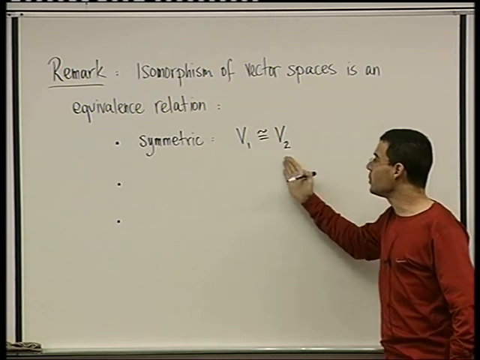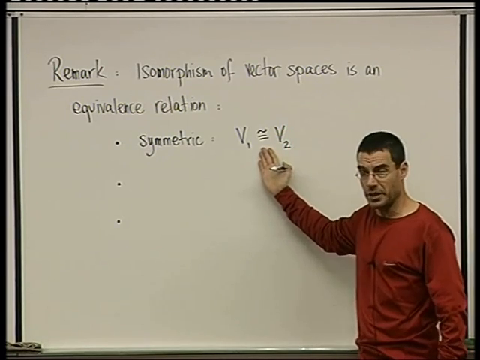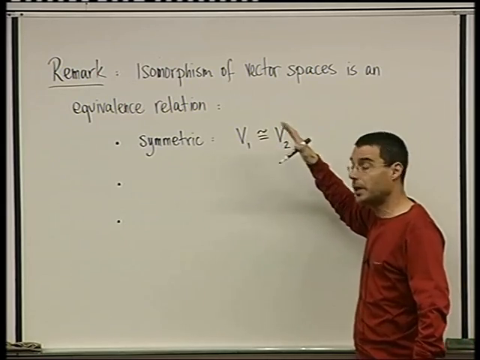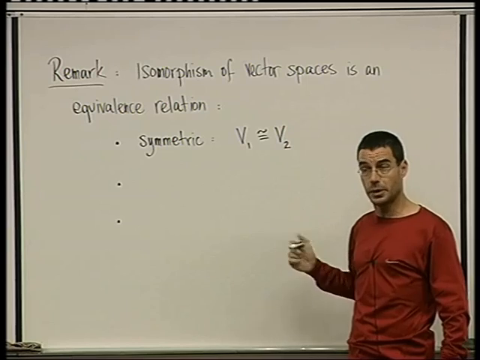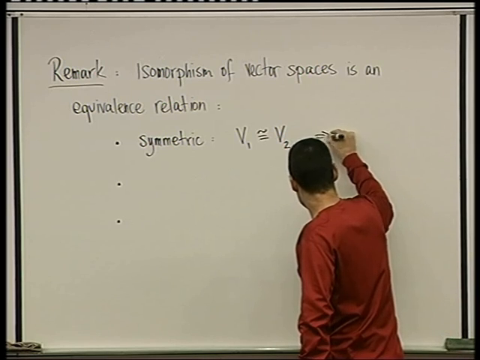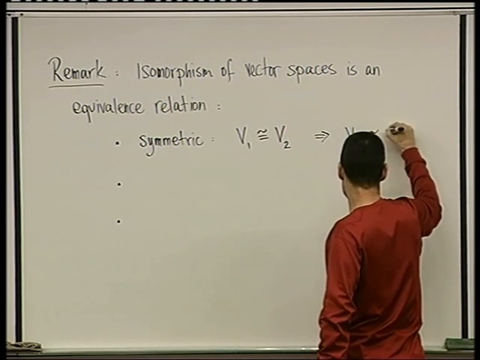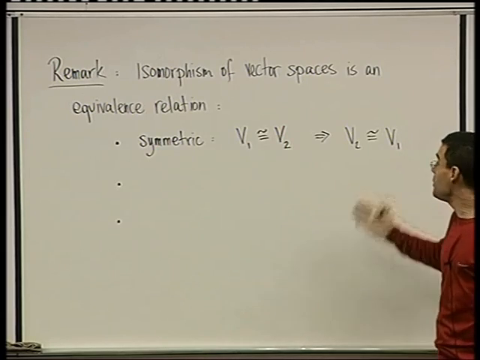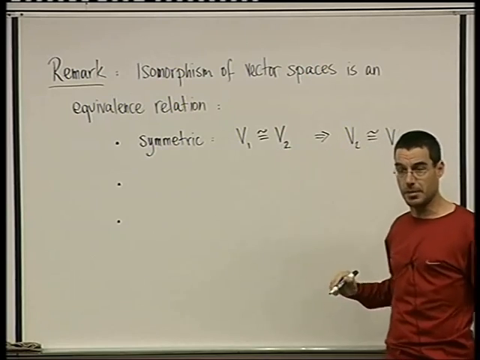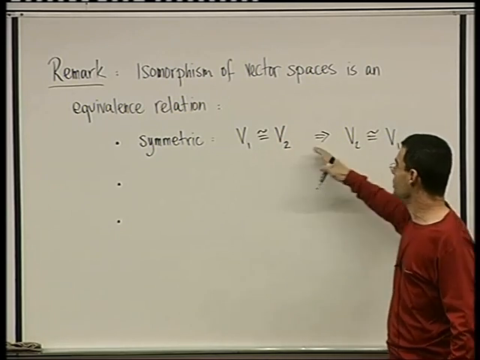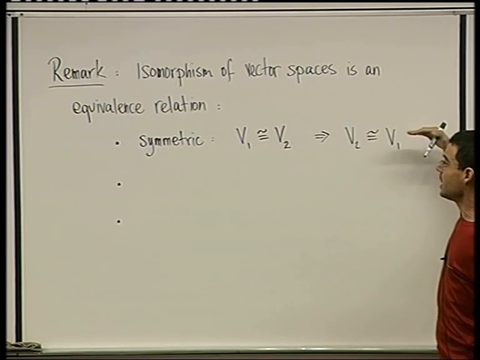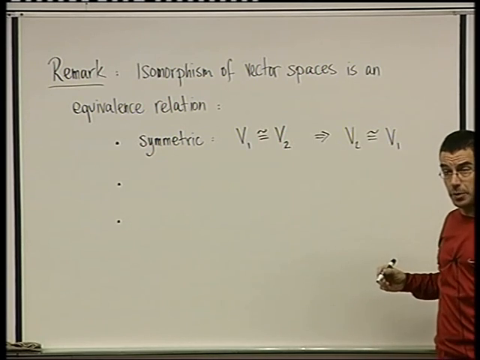If you want to say that these two are equivalent, what does it mean that V1 is isomorphic to V2? By definition, all it means is that there's a map from V1 to V2, which is one-to-one and onto and linear. That's what it means. That's the definition. Okay? Does it imply that V2 is isomorphic to V1? If it wouldn't, then it would be kind of weird to say that they're equivalent in some sense. If one is equivalent to the other doesn't imply that it goes the other way. That would be weird.